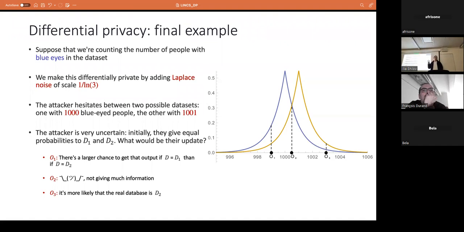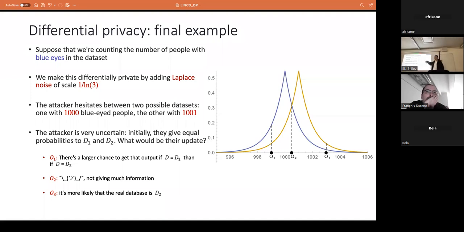So three situations, the attacker makes three queries, O1, O2, and O3. If the output is O1, then it's more probable to have this output if the distribution has the mean 1000. So the attacker now updates their belief that the real number is 1000. If the output is O2, then there is no information.